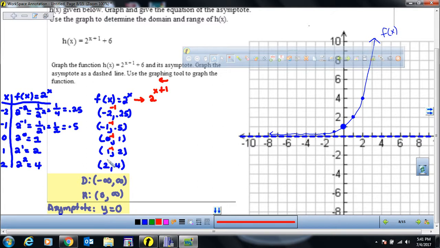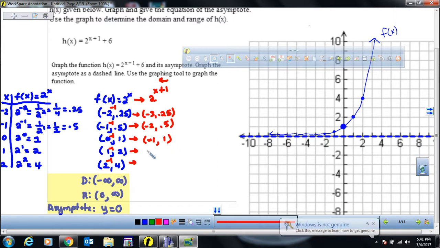We covered that in section 2.5. So if I subtract it from the x values, this is what my new function is going to look like. -3, 0.25, then -2, 0.5, then -1, 1, then 0, 2, and the last one is 1, 4.